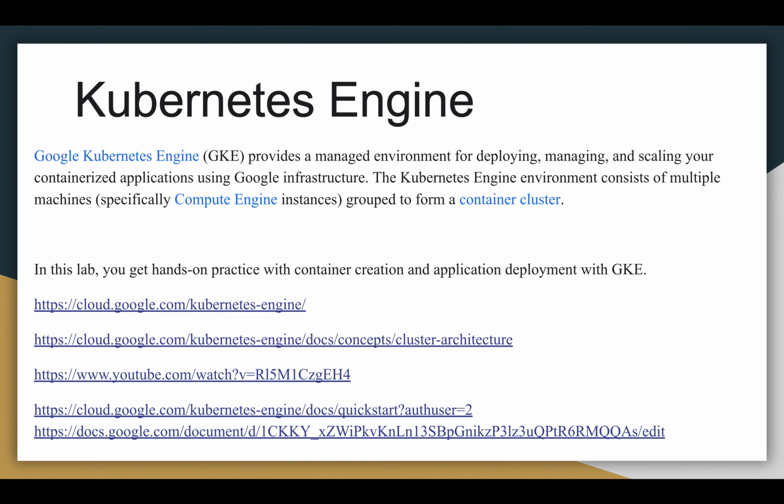Kubernetes provides a managed environment for deploying, managing, and scaling our containerized applications by using Google infrastructure. The Kubernetes Engine environment consists of multiple machines, specifically Compute Engine instances, grouped to form a container cluster.